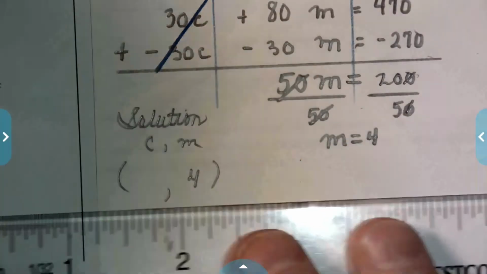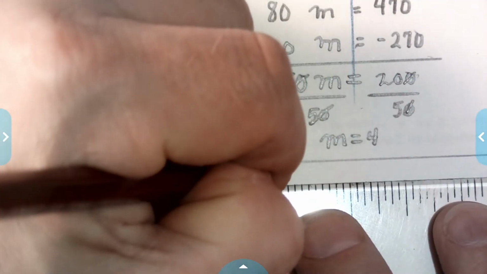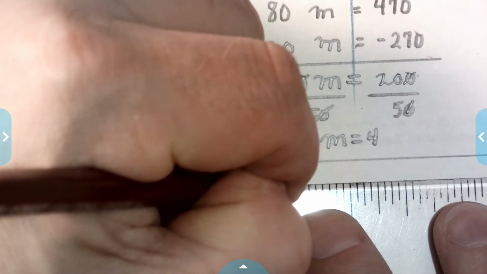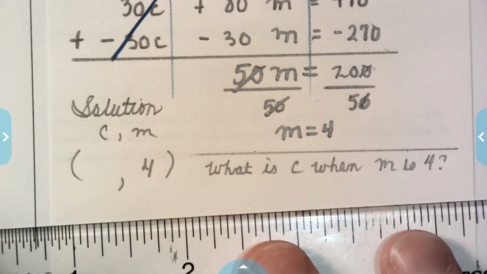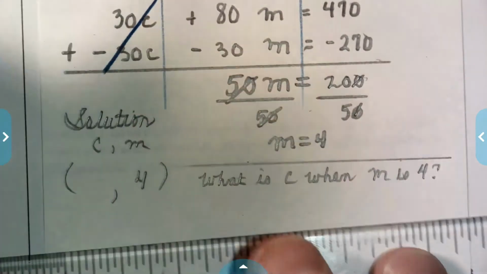Okay. So now the question we're asking is, what is C when M is 4? Okay, what is C when M is 4? Well, we have this equation, C plus M equals 9.